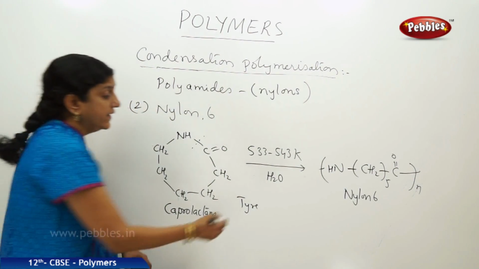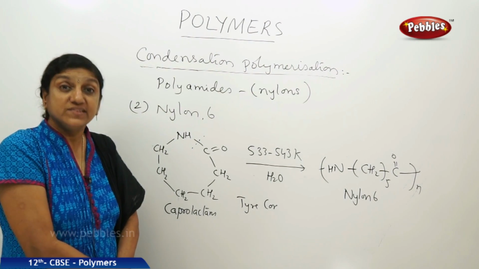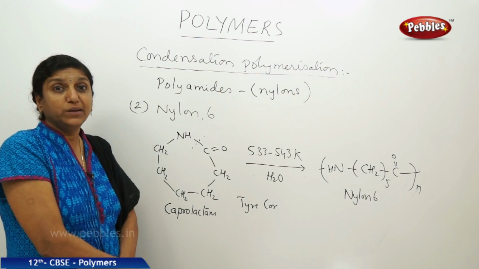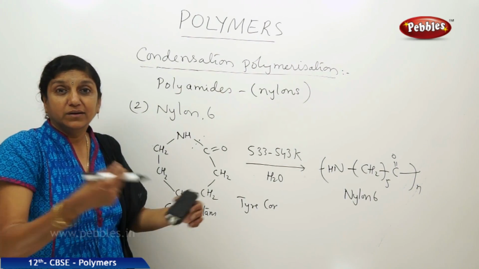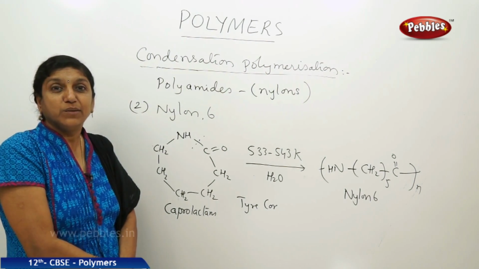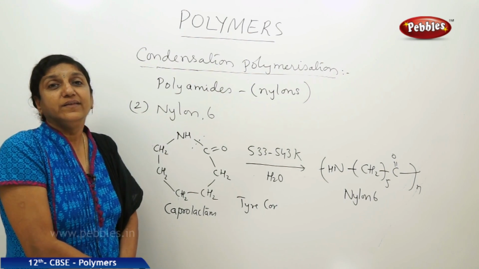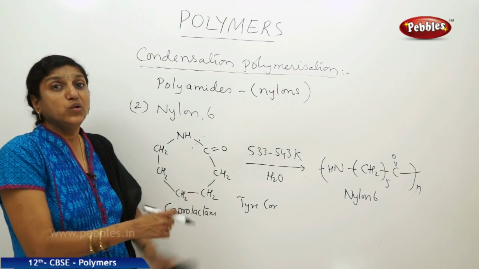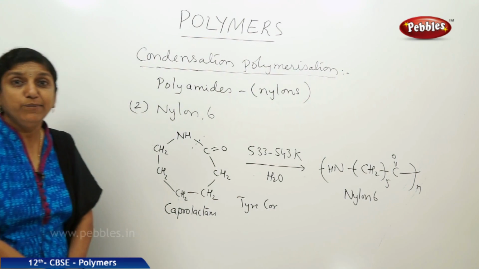See, it is said that nylon wire is stronger than even a steel wire. So you can imagine, steel wire is very hard and has high tensile strength, it can bear a lot of tension. But even more than the steel wire, the nylon wire has greater strength. That's why it is used for mountain climbing also.